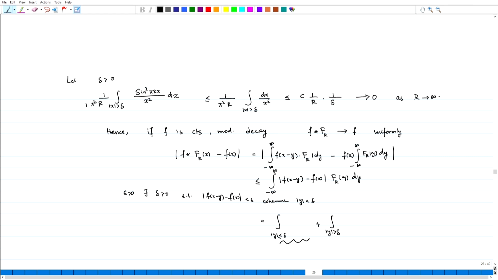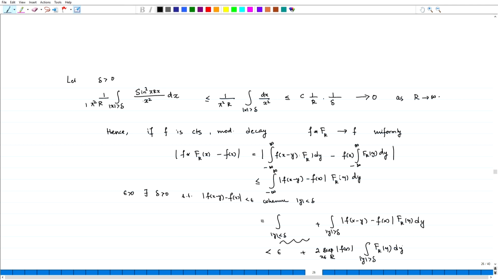Now, the second part. So, this is less than epsilon plus, for the second part, I will pull out 2 times the supremum over mod of f of x such that x belongs to R, because this is a bounded function, and we are left with the integral over mod y greater or equal to delta of F_r.